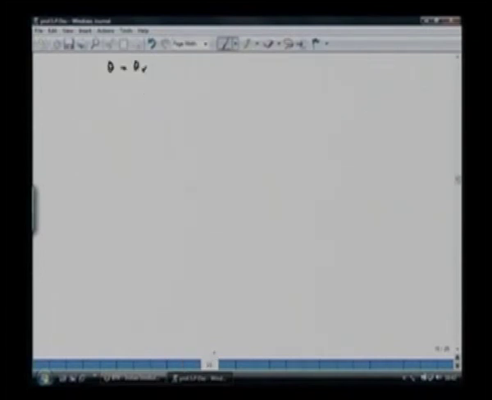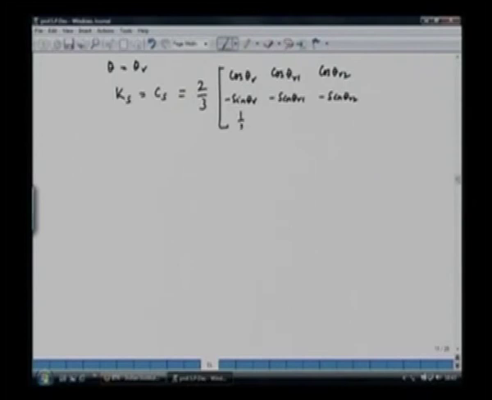So if we substitute that here and write down our Ks matrix, the matrix for transformation, that's also equal to Cs matrix, we can say it is 2 by 3 of cos theta r, cos theta r1, cos theta r2, minus sin theta r, minus sin theta r1, minus sin theta r2, half, half and half.